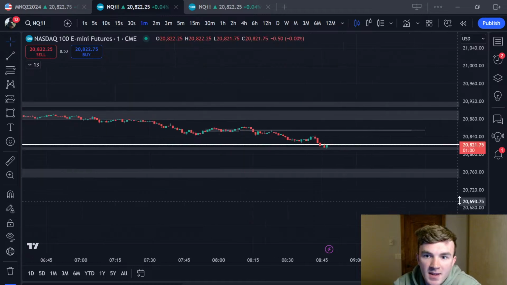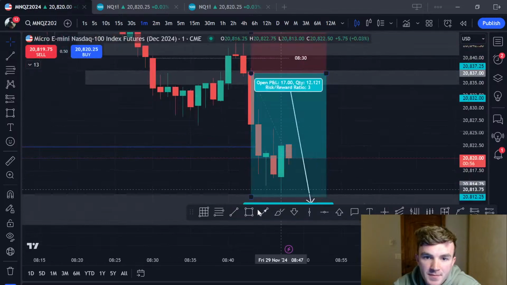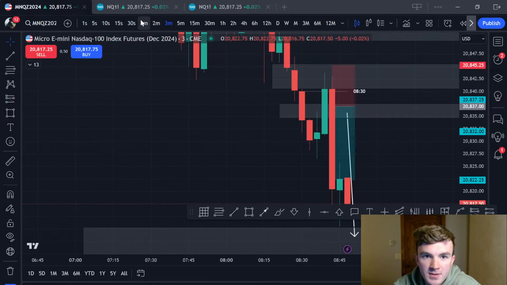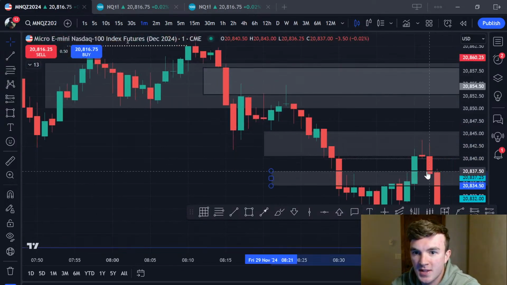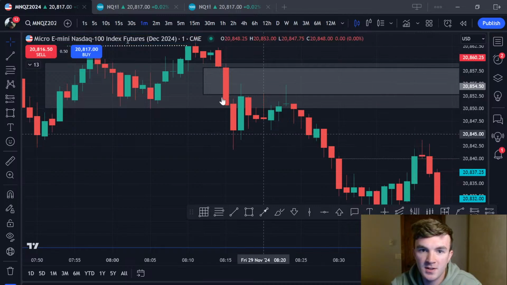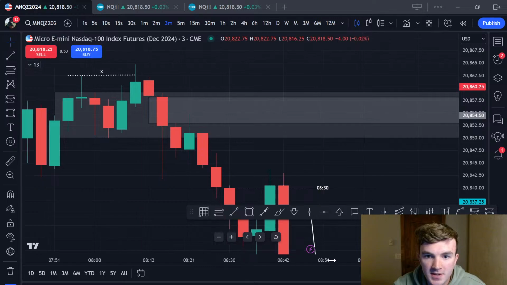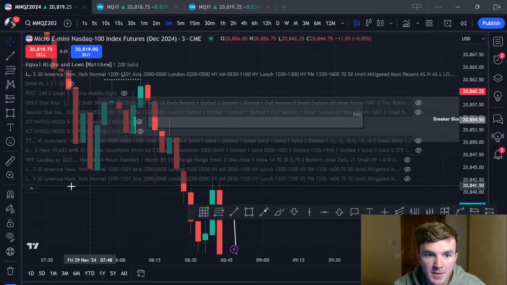I couldn't get in it, so I called it in live time. But I called this entire trade in live time. Sorry, so this isn't even the original trade. That was just a second trade that I almost took. The trade that I initially called in live time, you can see right here, it's this breaker and this fair value gap overlapping with each other.